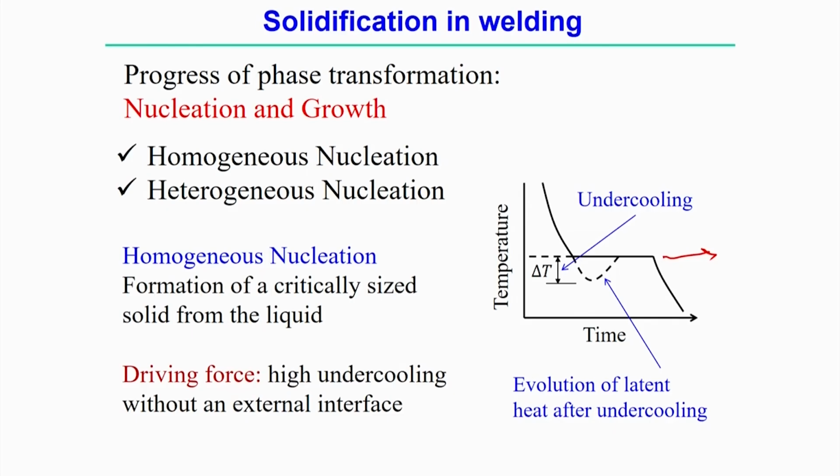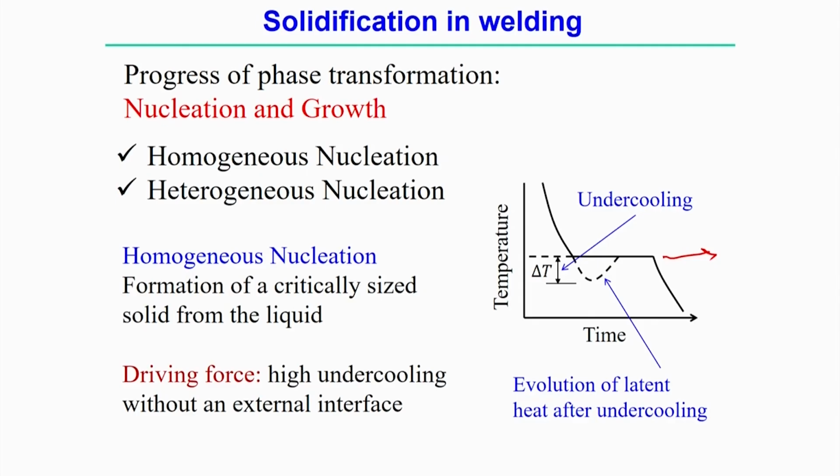But during the cooling process, before the change of phase, the material may be subjected to a local amount of undercooling. With respect to that melting point, this is the amount of undercooling, represented by delta T, below the phase change temperature.